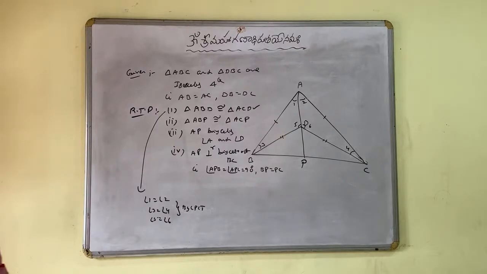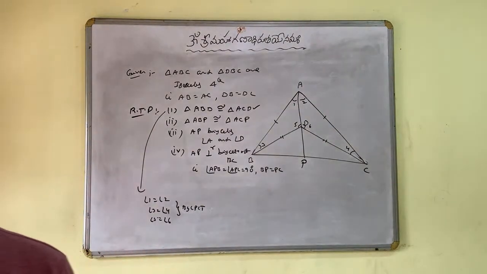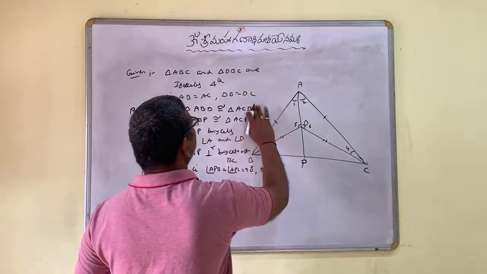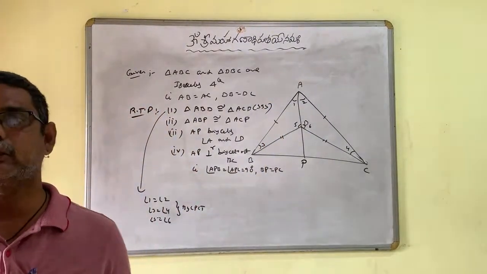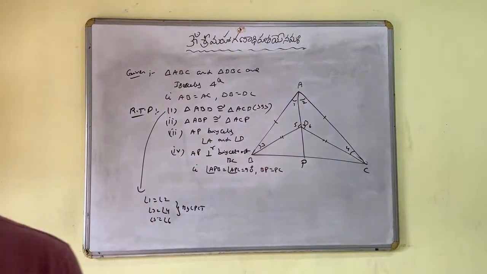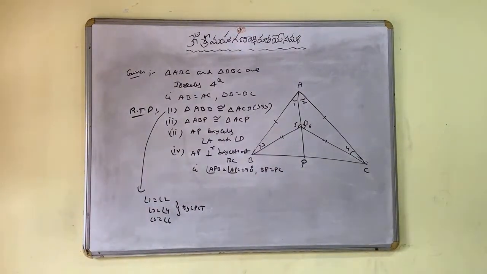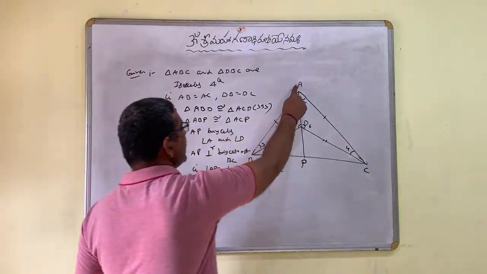They are equal by CPCT because these two triangles are congruent by triple S congruency. So the remaining three parts, the angles, are also equal. Next, second one.